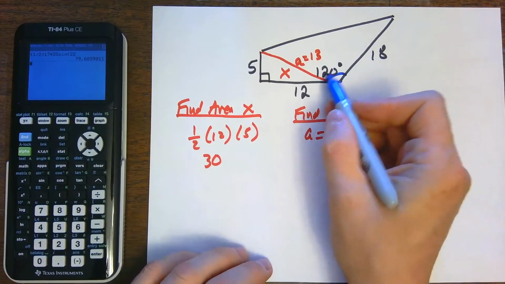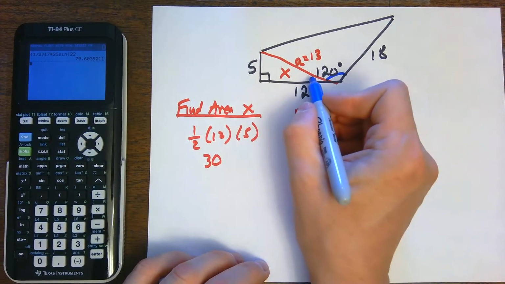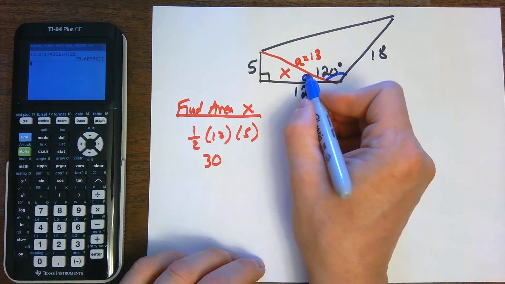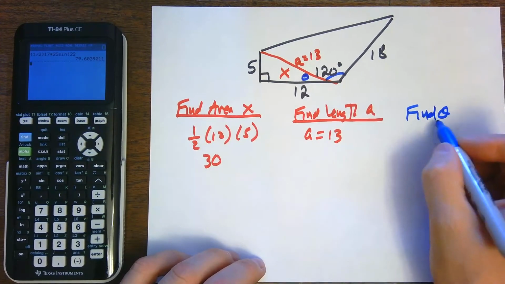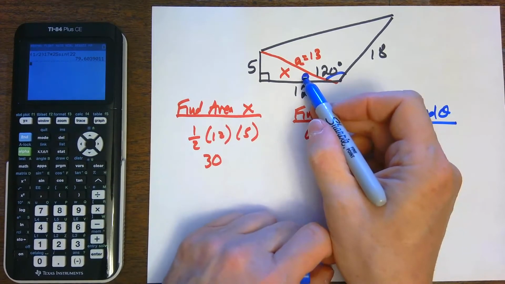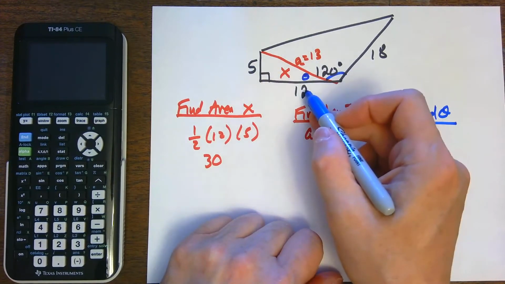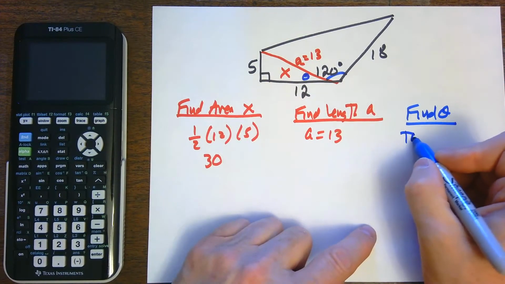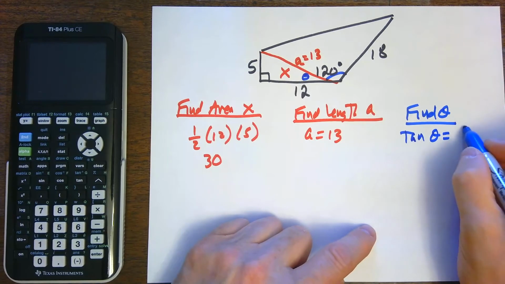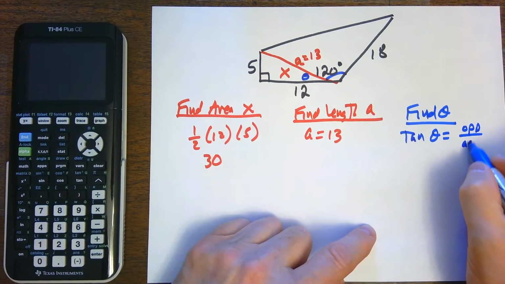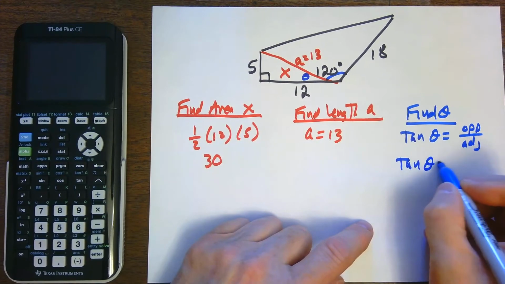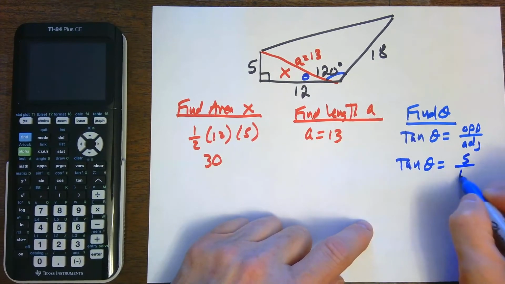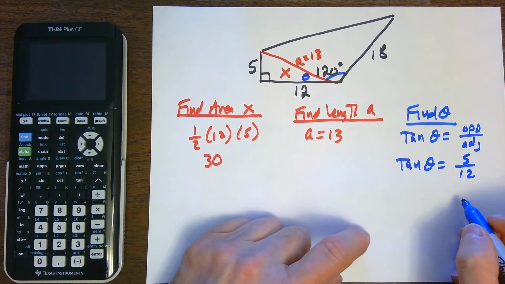This angle. Well, the whole thing is 120. Let's see if we can find this angle here. I'm going to call it theta. To find theta, I know that the tangent of theta is the ratio of the opposite over the adjacent side. So the tangent of theta equals 5 over 12.